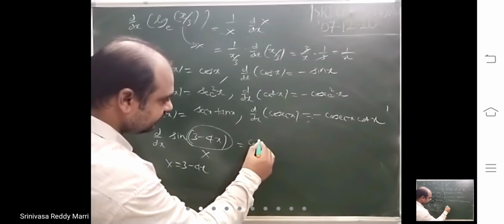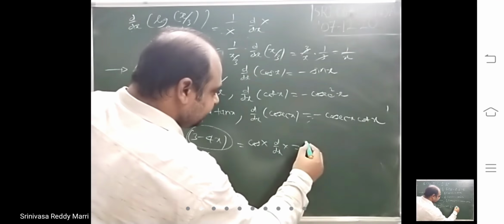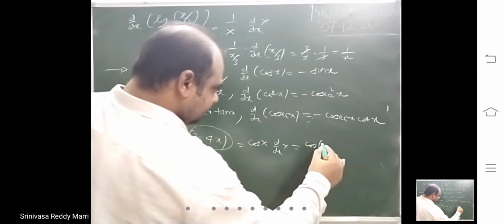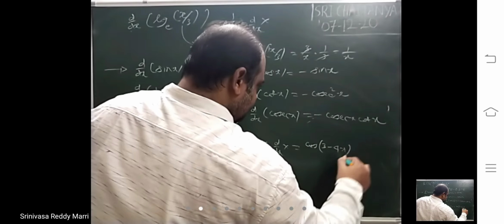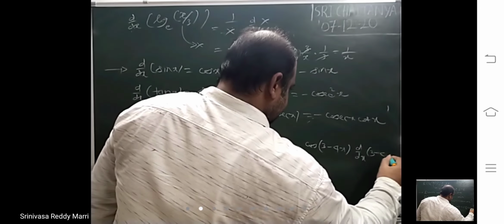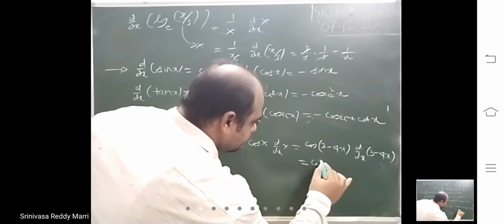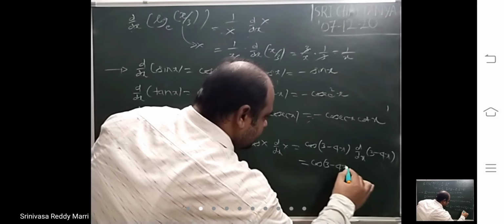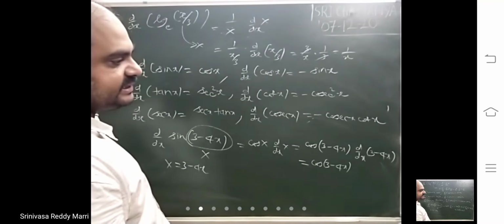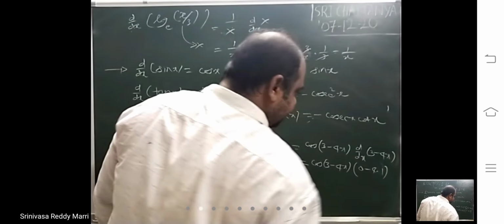What is the formula? Cos capital X into d by dx of capital X. Cos of 3 minus 4x into d by dx of 3 minus 4x. The derivative of 3 is 0, minus 4 into 1, that is the answer.